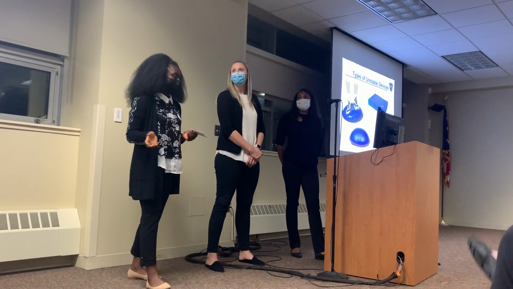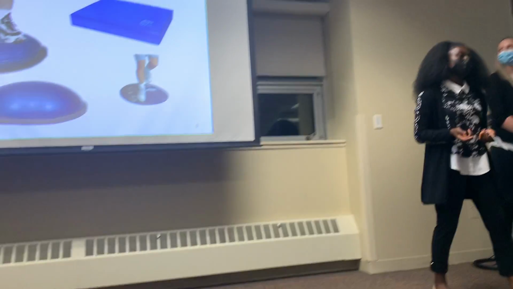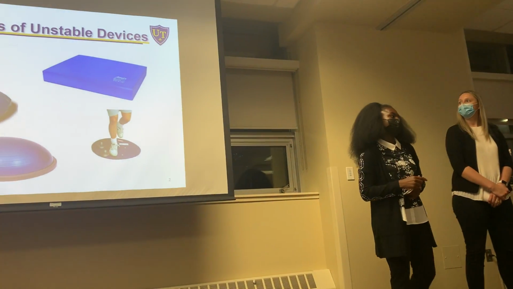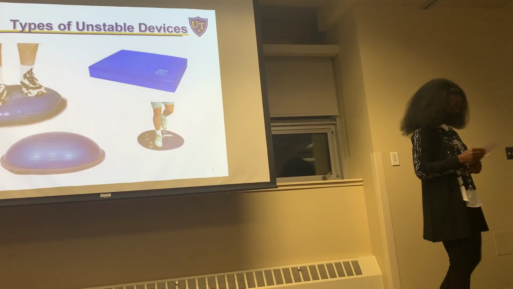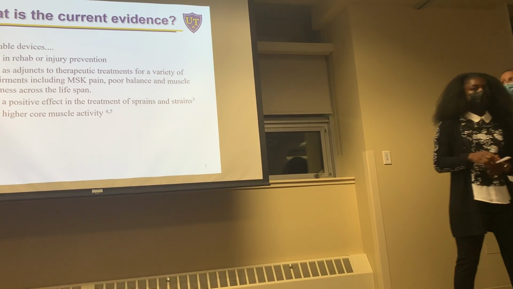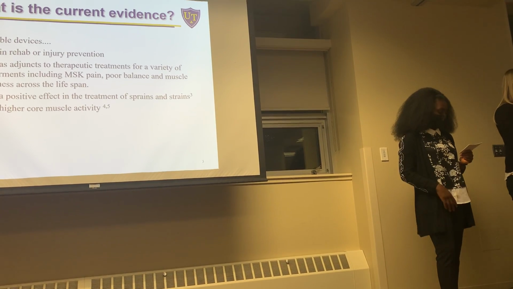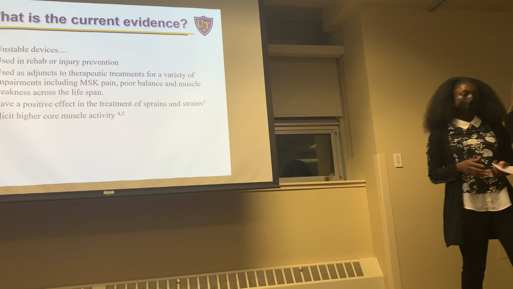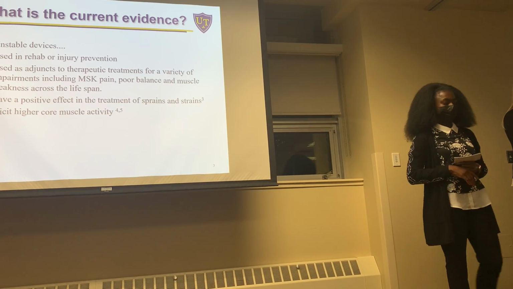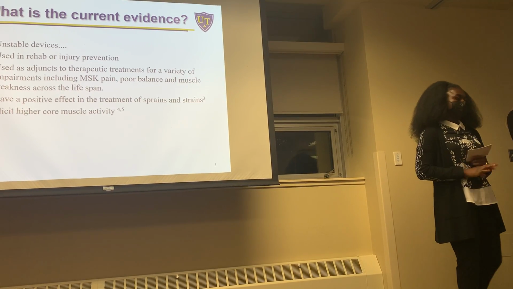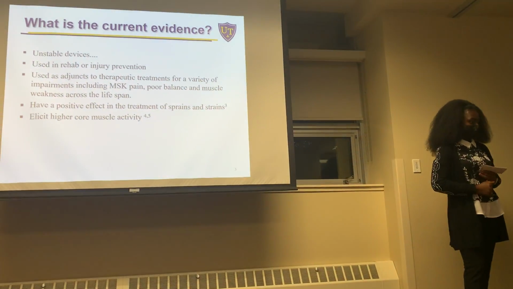So types of unstable devices include wobble boards, balance boards, stability boards, and foam pads. So what is the current evidence that we know right now? We know that unstable devices are used in the clinic for injury prevention and to challenge the neuromuscular and musculoskeletal systems in order to improve joint stability.